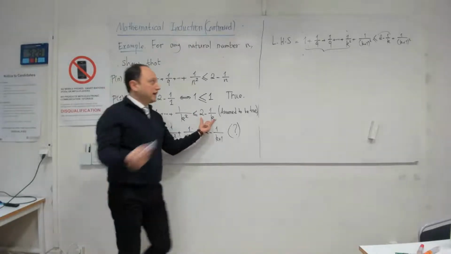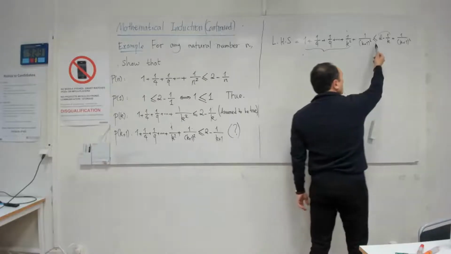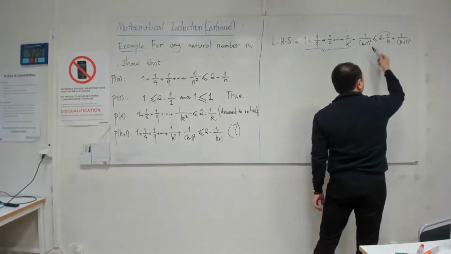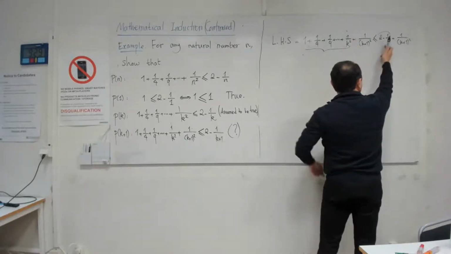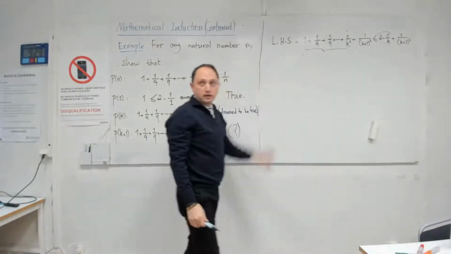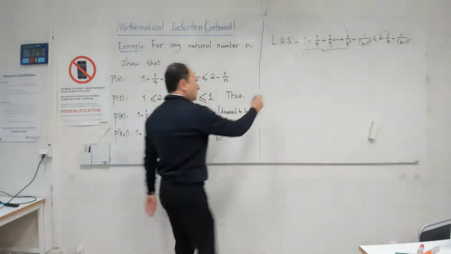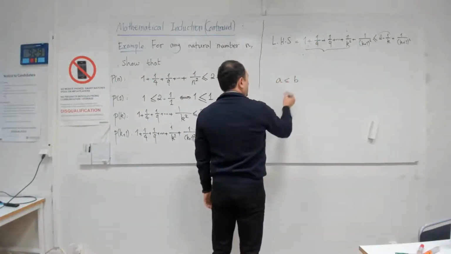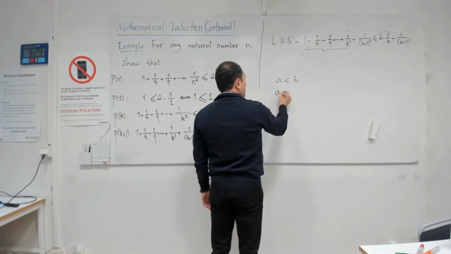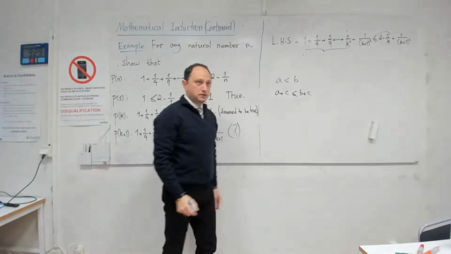So do you agree that the whole expression is smaller than or equal to that expression, which this part is less than, plus this expression? If you don't like this logic, consider this: if I have A less than or equal to B, then I can write A plus C is less than or equal to B plus C. This is logic, yes?